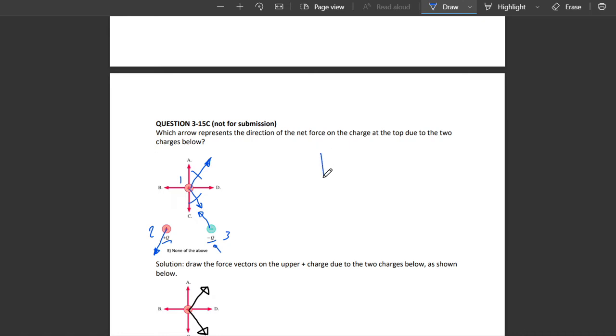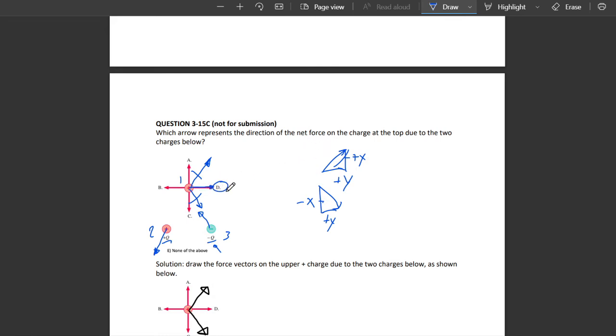So if we know that the hypotenuse of each of these is the same, we can then assume that one of the legs of this triangle, if we were to make this a triangle, we can say that the vertical forces cancel out because this would be negative x and this would be positive x. So we know that the net force would then be the sum of the horizontal forces, and since those are both in the same direction, which is positive y, let's just say it's positive y, this would be D overall.